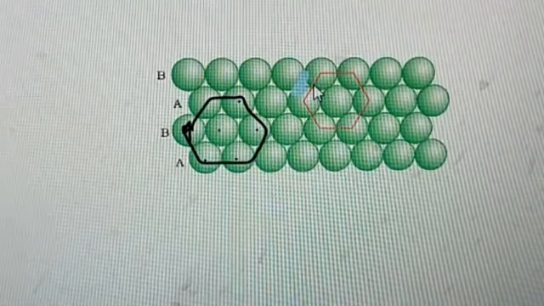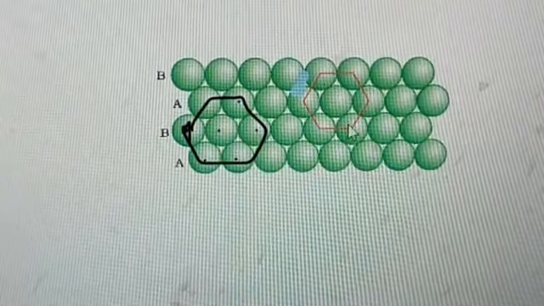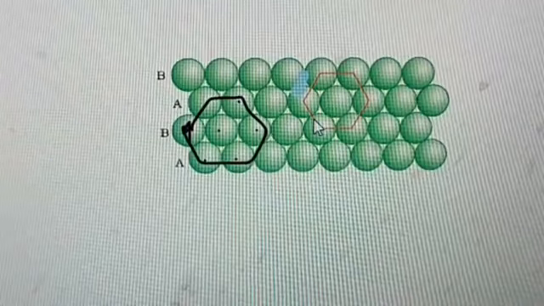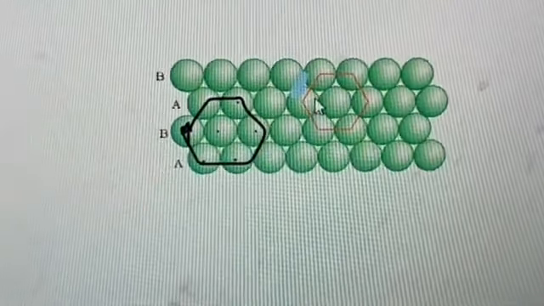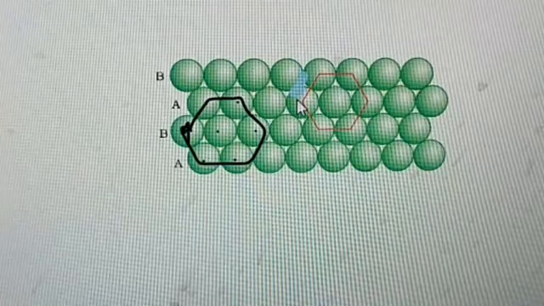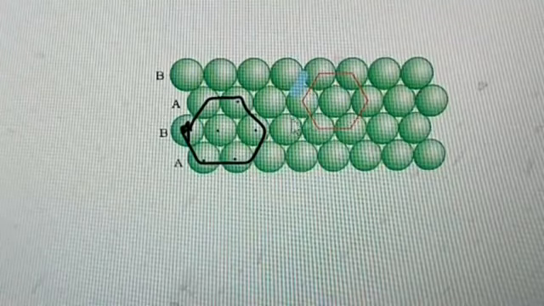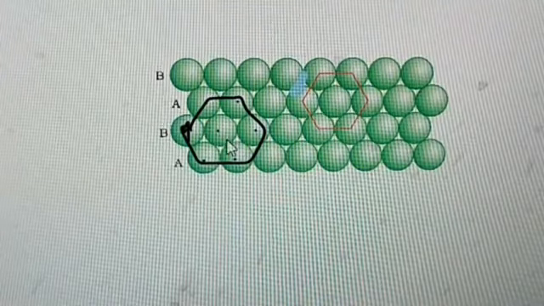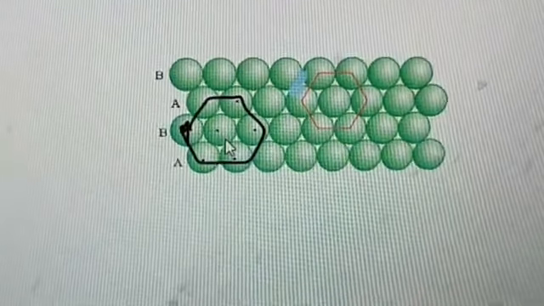In the AA type of arrangement, when I joined the centers of the nearest neighbors, we got a square. That's why we call it a square close packing structure. Here, when we join the centers of the neighboring spheres, we get a hexagon, so we can call this hexagonal close packing.